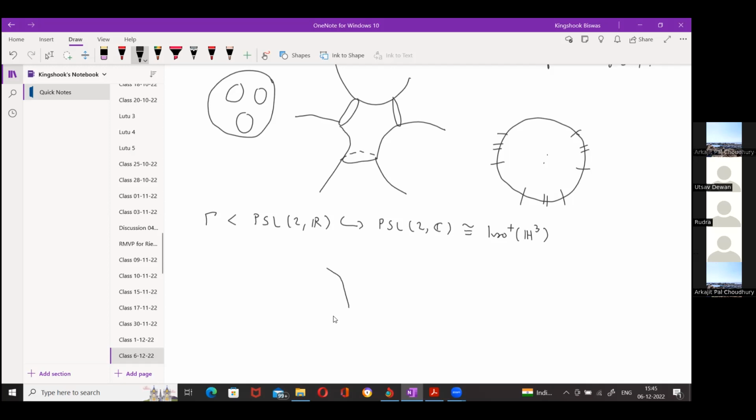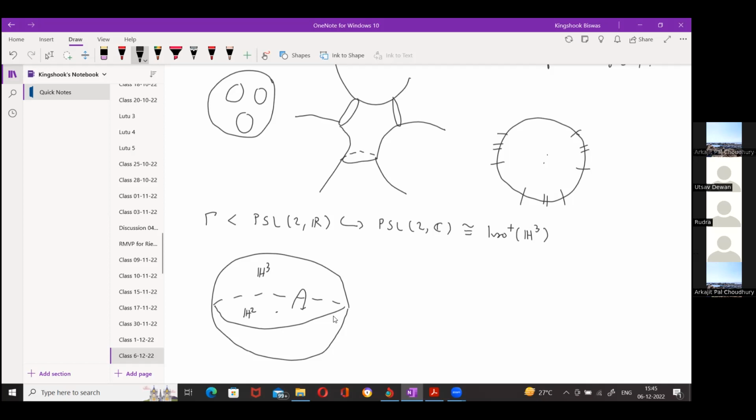So now you have a Fuchsian group acting on the unit ball in 3 dimensions. It's going to leave this equator, a copy of H2, invariant, and here you have H3. The limit set of gamma is going to be some subset of this equator.